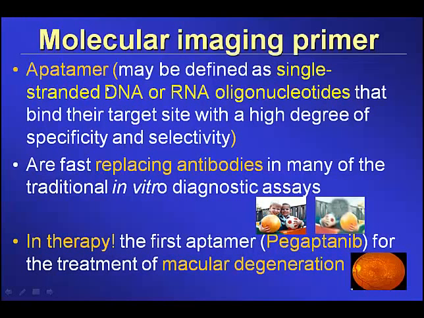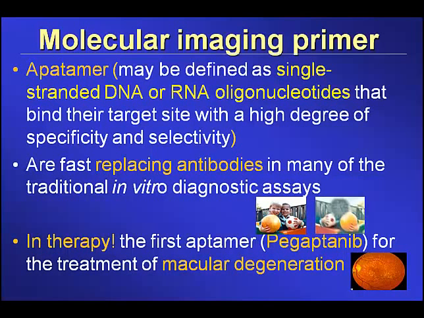Also, we have another agent for molecular imaging, named aptamer. It's defined as a single-stranded DNA or RNA oligonucleotide. It is similar to an antibody and can replace it, but it's fast and good, with good specificity and selectivity.